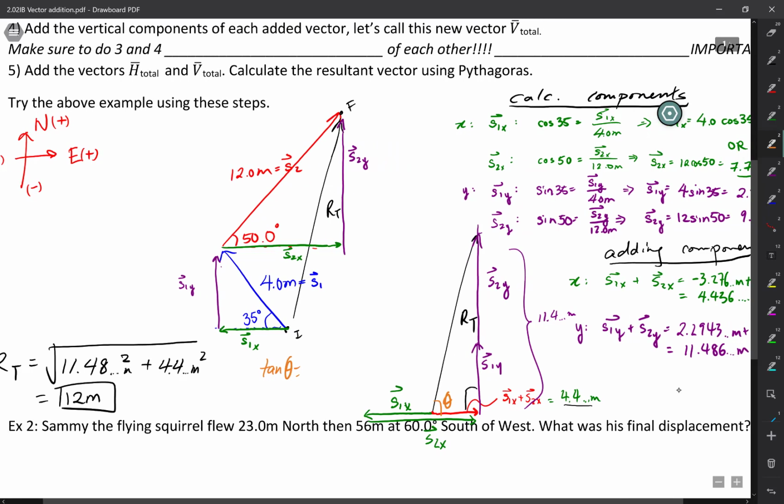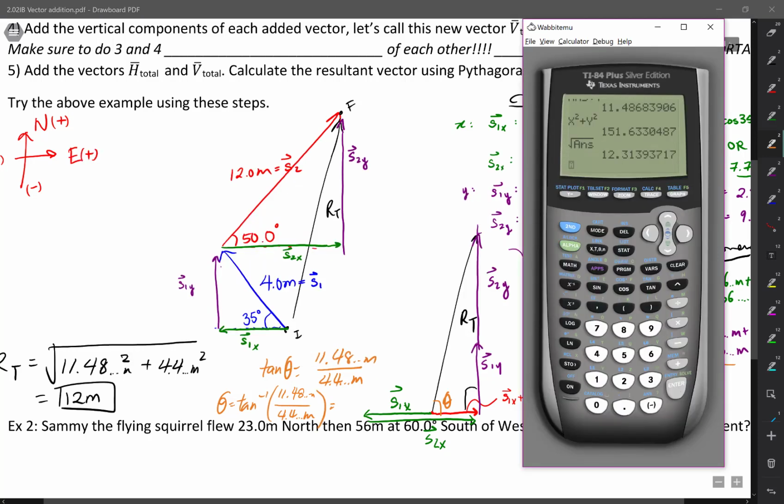This is opposite, which is 11.48 dot dot dot meters, no rounding, over my adjacent, which is 4.4 dot dot dot meters. So my angle is the inverse tan of the quotient of these two numbers, alpha y over alpha x.